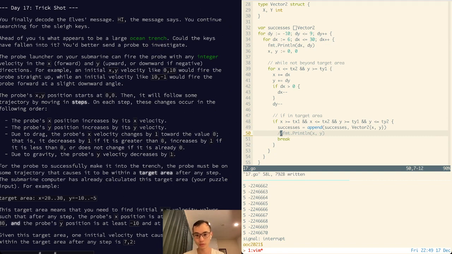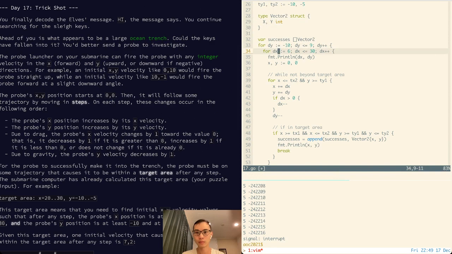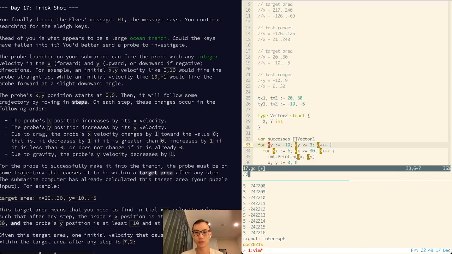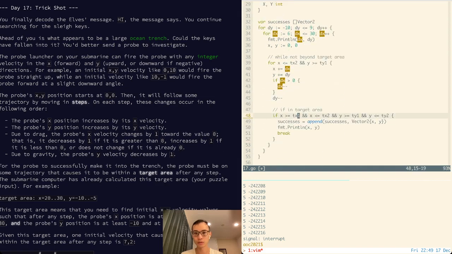I'm so confused. dx is 6, dx less than 30, dx plus plus, but then how is it starting off at 5? Do I have dx in here somewhere else? Oh, oh my gosh. Oh my gosh, that is so bad.